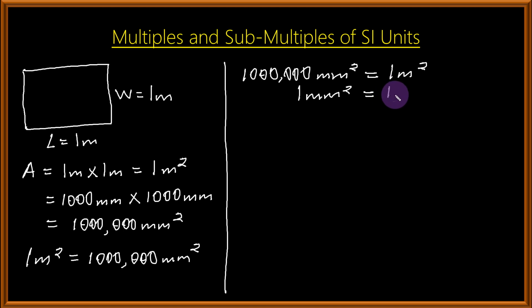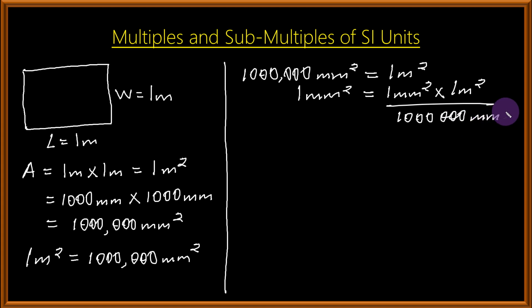Again, at this point we can cross multiply: 1 millimeter squared times 1 meter squared, divided by 1 million millimeters squared. At this point, you will see that millimeters squared cancel out, and I'm left with 1 over 1 million, and then the unit which I'm left with is meters squared.